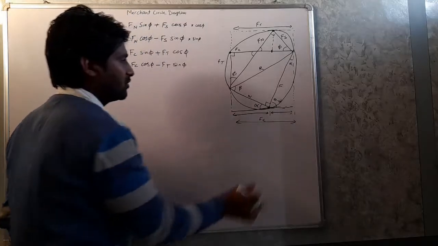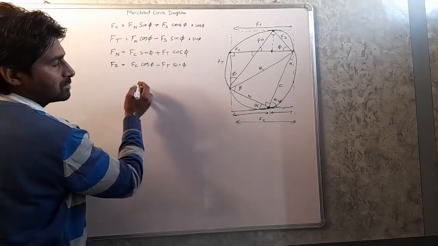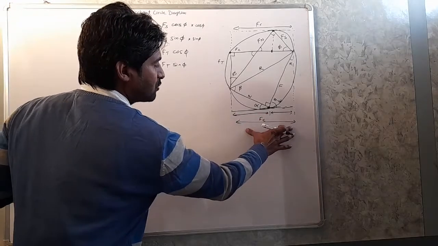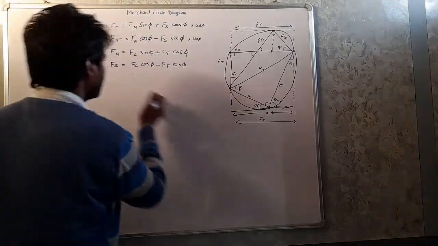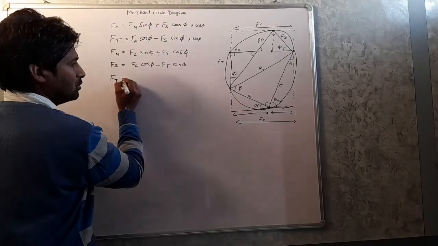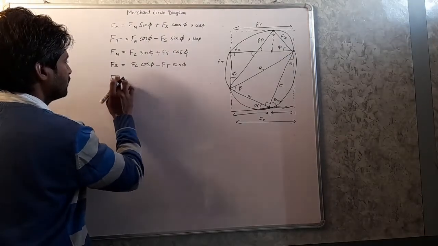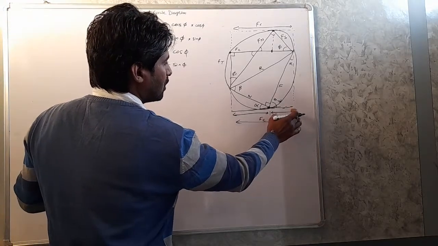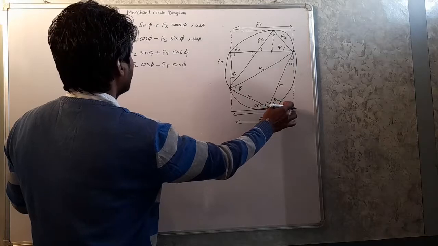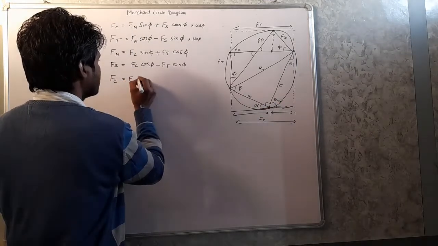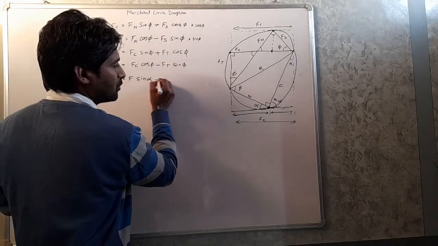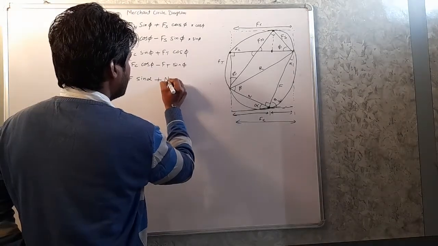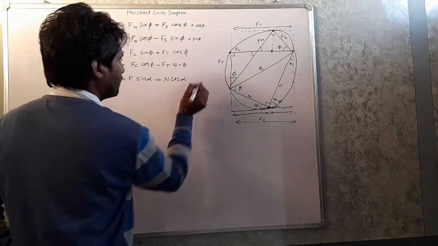So Fc is equal to this plus this: Fc equals F sin alpha plus this will give the value in term of N cos alpha.